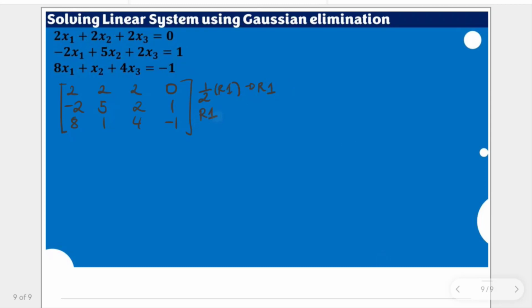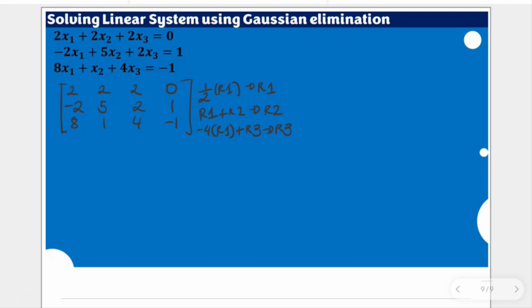Let's add row 1 plus row 2 to be our new row 2, because when we add 2 and negative 2, this will become 0. At the same time, let's also multiply negative 4 to our row 1 and add row 3 to have a new row 3.